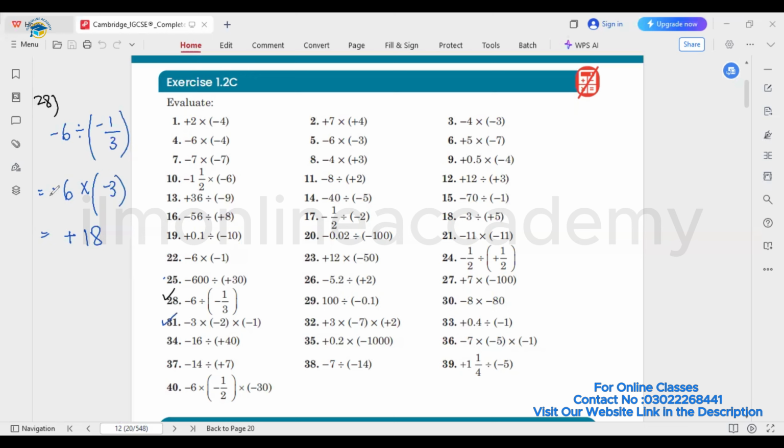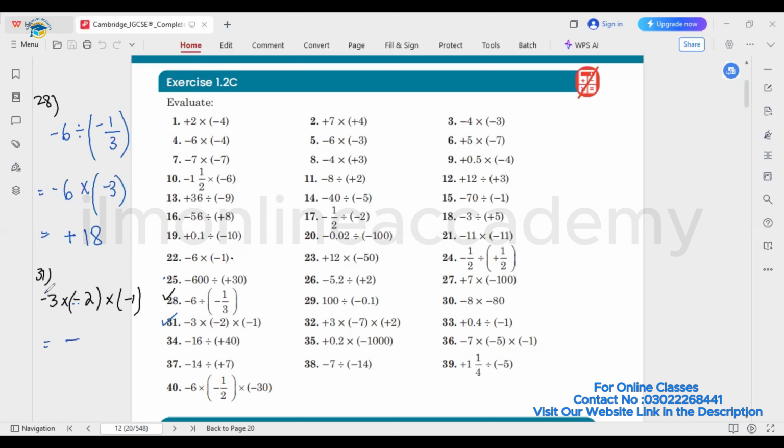Okay, let's go on with the multiplication of three numbers. This 31st part has the multiplication of three numbers together. We have -3 times -2 and times -1 as well. You can multiply all these numbers together, but check your sign first. Negative negative would be positive and positive negative would be negative.